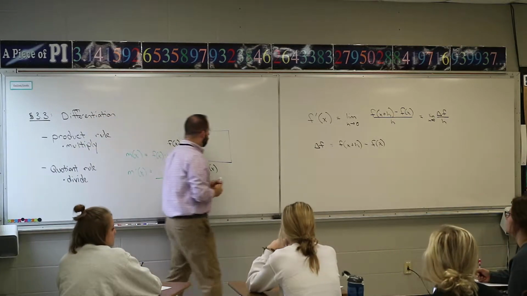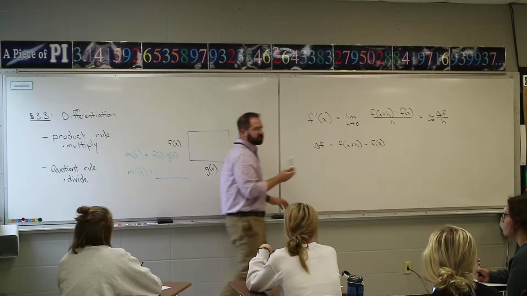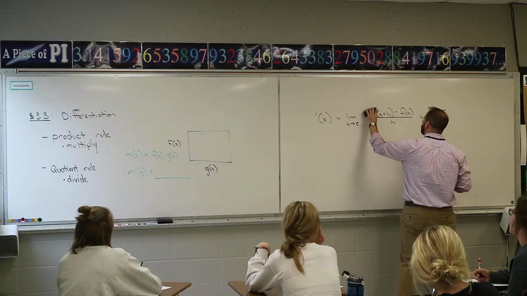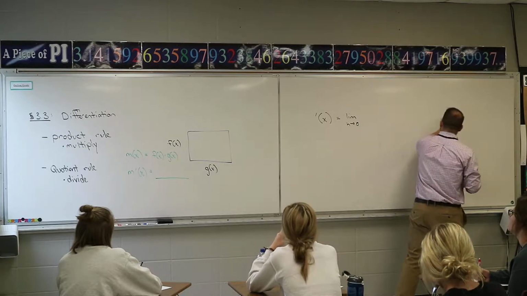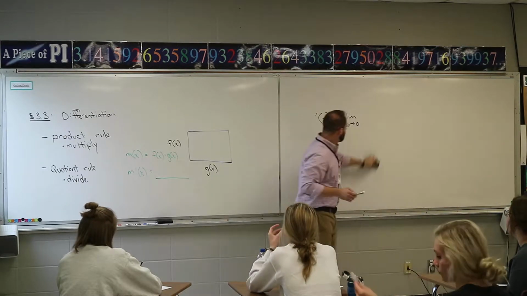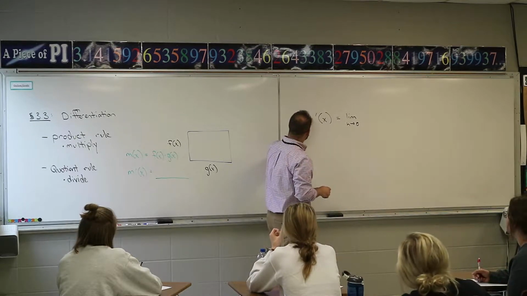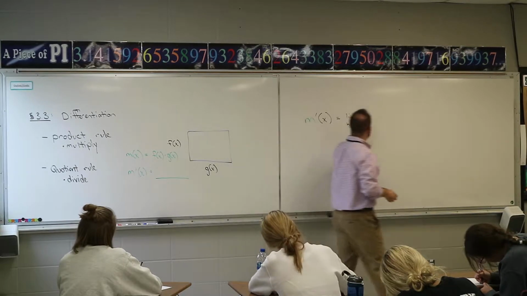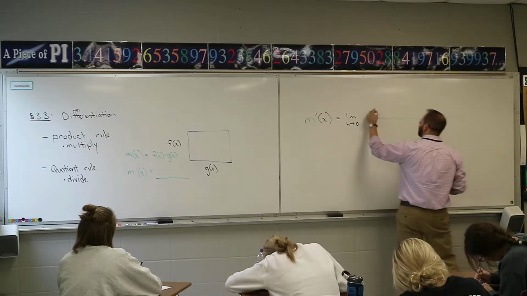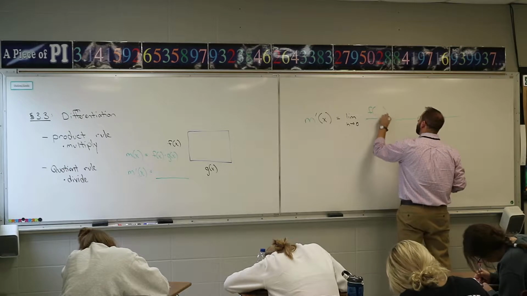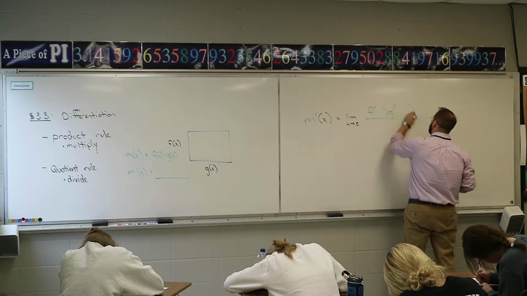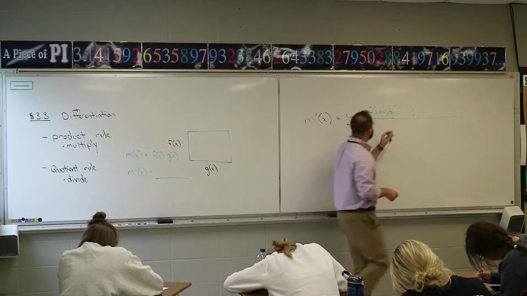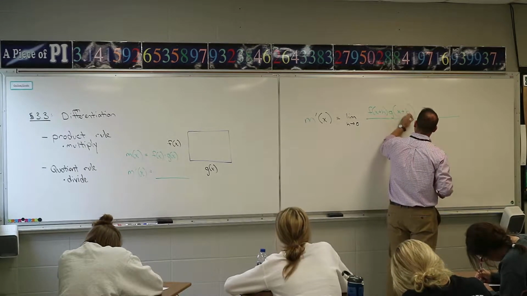To find the first derivative of m, I'm going to write this default thing down. We're doing the limit as h approaches 0, and the two functions I'm multiplying together are these: f with x plus h plugged in, and g with x plus h plugged in.